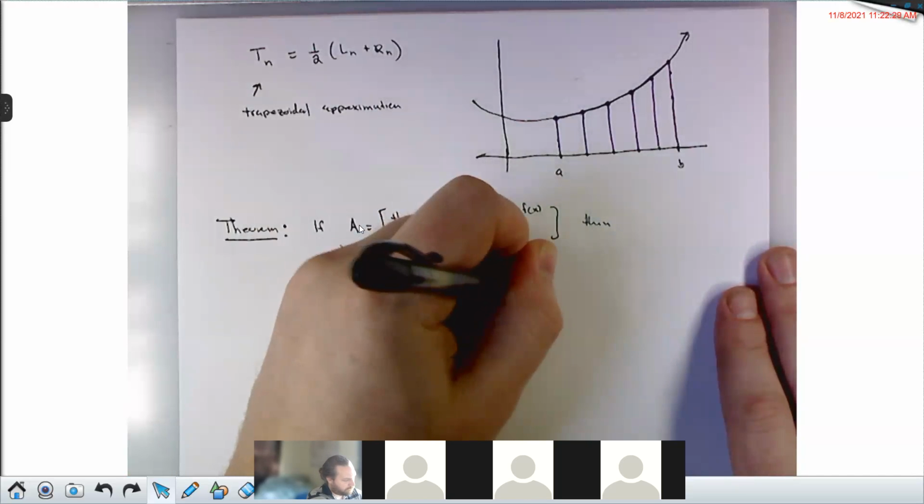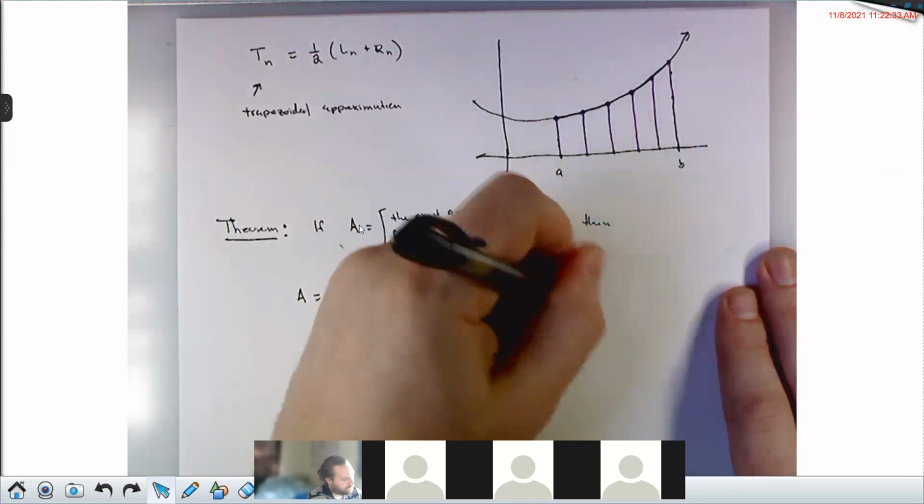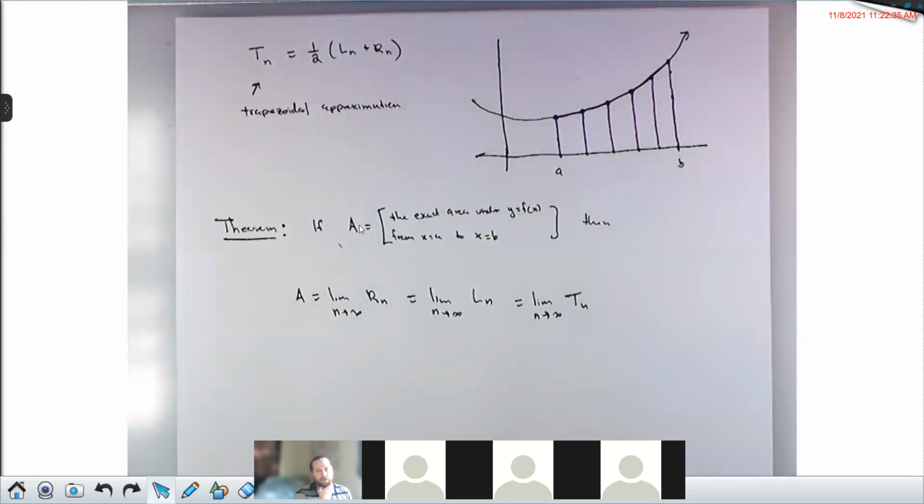And both of these are the same as the limit as n goes to infinity of Tn.